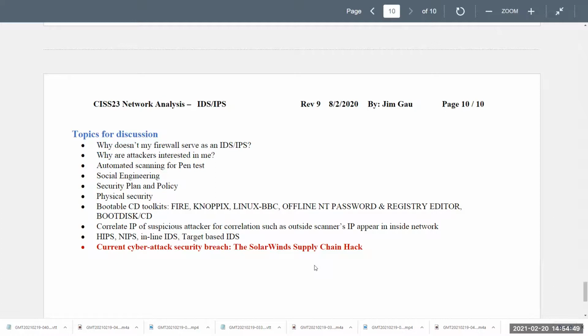Well, good name, go figure. The patch was deployed to roughly 18,000 customers, which is a huge customer base, including a lot of government agencies. And once those agencies and customers install the patch, they get compromised.